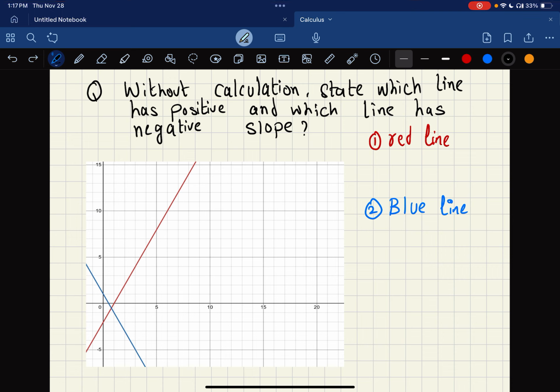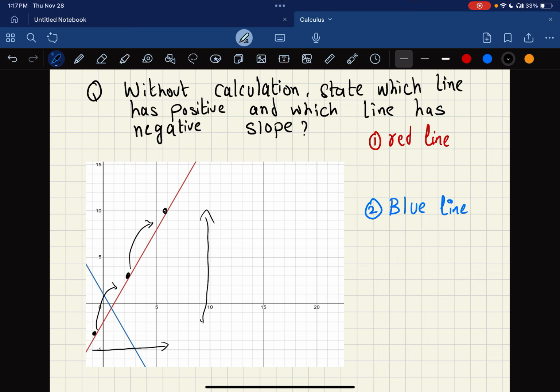Okay. So first of all, for the red line, if you look at it from left to right, the line seems to be going up, right? Think of it as if you put your finger on this red line at any point, and as you go from left to right, you would have to step up in order to remain on this line.